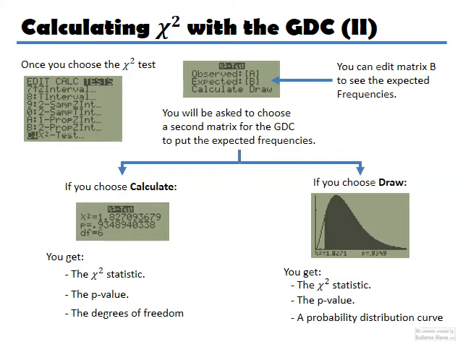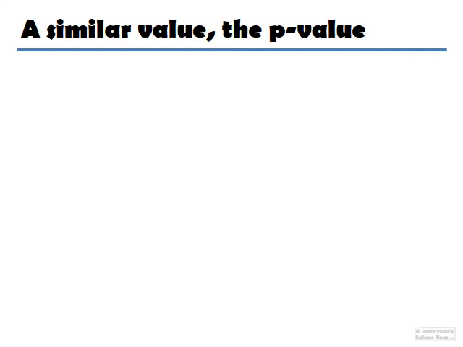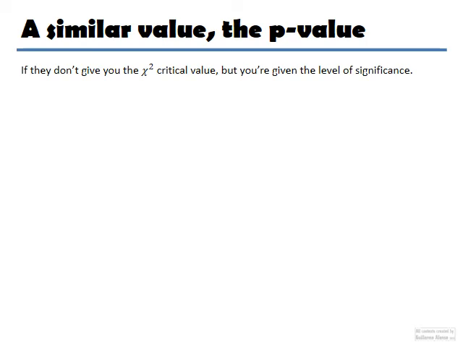So let's talk about this p-value thing. If they don't give you the critical value, but you're given the level of significance, then I can actually decide whether the data is biased or dependent or independent by looking at the p-value.